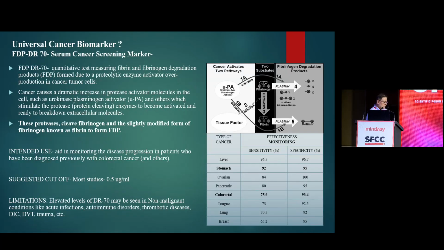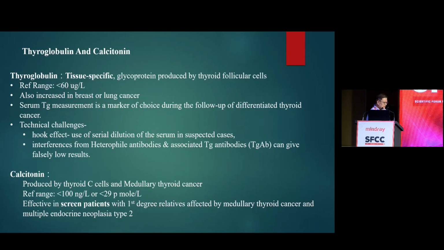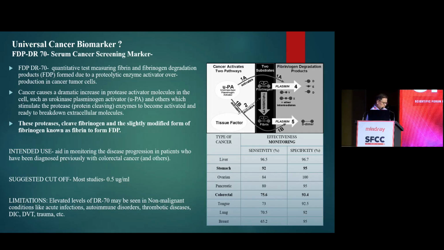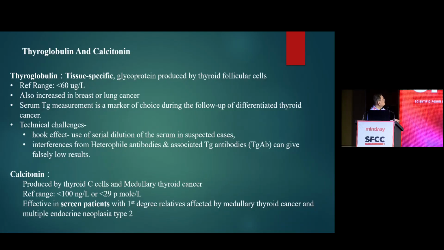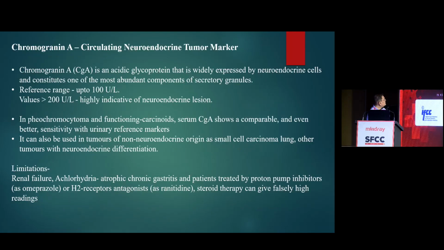Here again, on the cutoffs, the reference range we would consider is 100. But when we are talking about a neuroendocrine lesion, usually it is 2 times the upper normal range, that is about 200, that we must consider as significant.